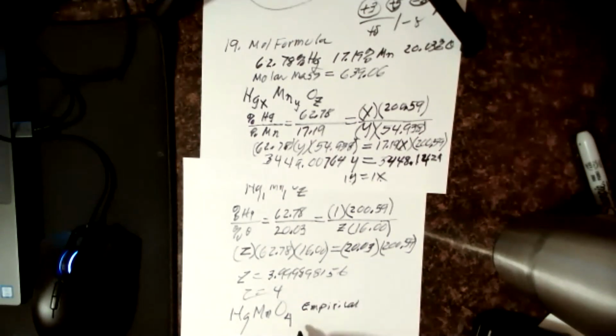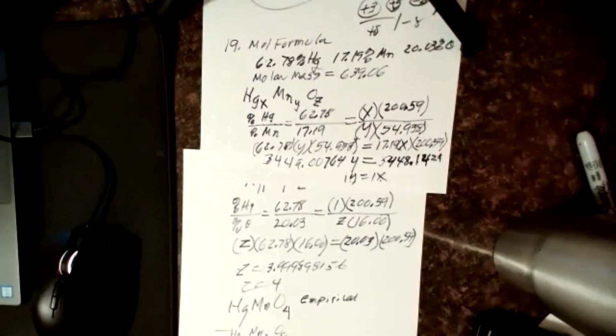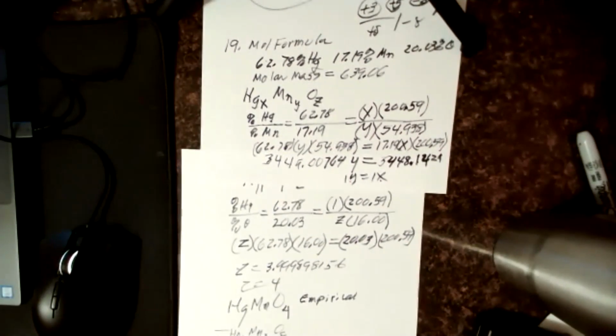The molecular formula is some multiple of this. So I could multiply this through by 2. I could have Hg2Mn2O8. That would be a possible. I could have Hg3Mn3O12. That would be a possibility. And so which is it?